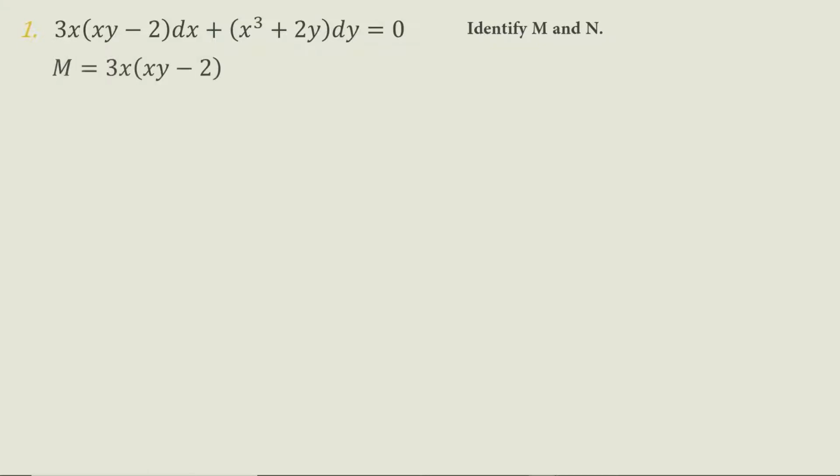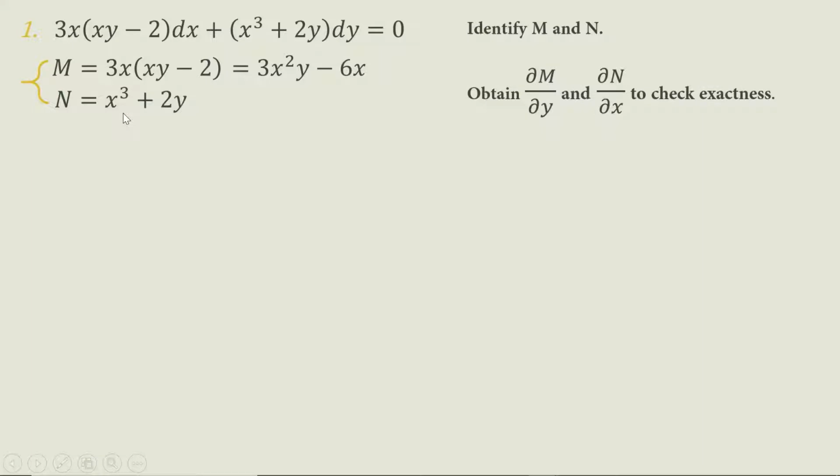So our M, kung ano yung kasama ng dx, yun yung ating M. So 3x times (xy minus 2), distributing 3x in these terms, is 3x squared y minus 6x. And our N is equal to x cubed plus 2y. Kung ano yung kasama ng dy, yun yung ating N.